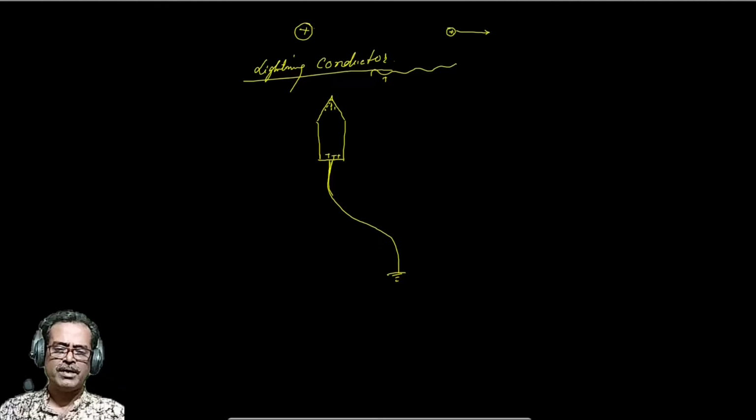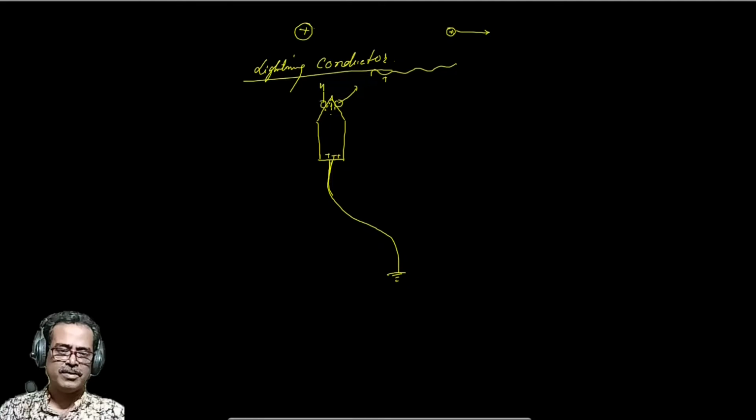Now, when the gas molecules surrounding this earthed conductor come in contact with it, they get negatively charged. We know that this conductor is negative and the gas molecules which come in contact with it are also converted into negative, so they repel each other.